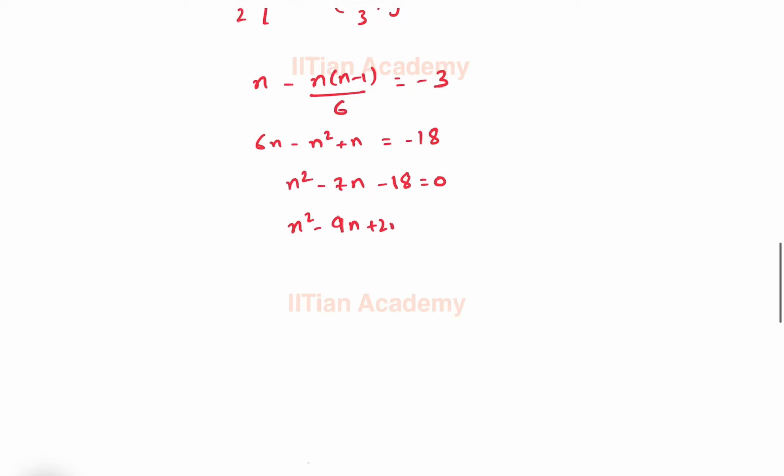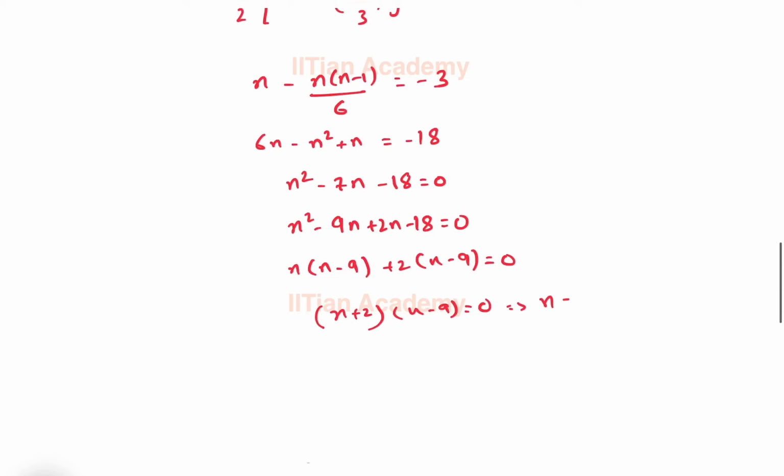So this is n square minus 9n plus 2n minus 18 equals 0. Taking common, n into n minus 9 plus 2 into n minus 9 equals 0. So we get n plus 2 into n minus 9 equals 0. So either n is minus 2 or 9.